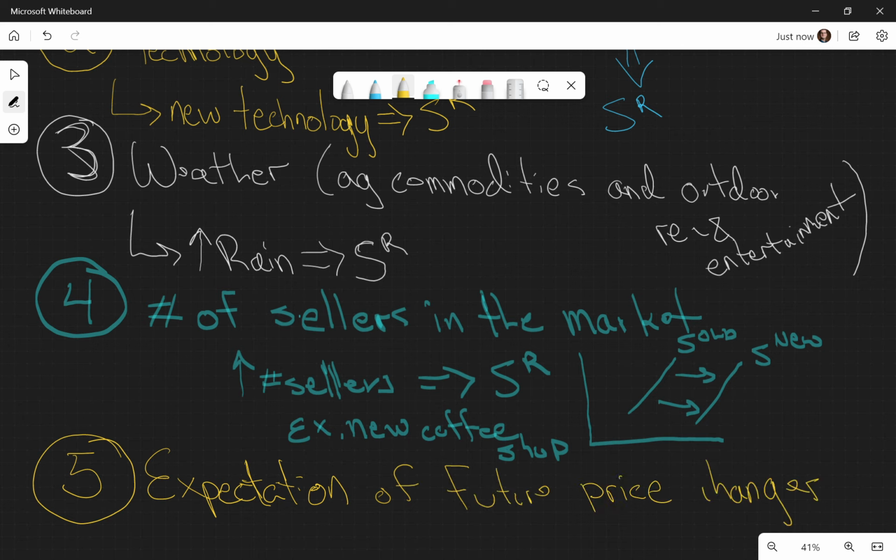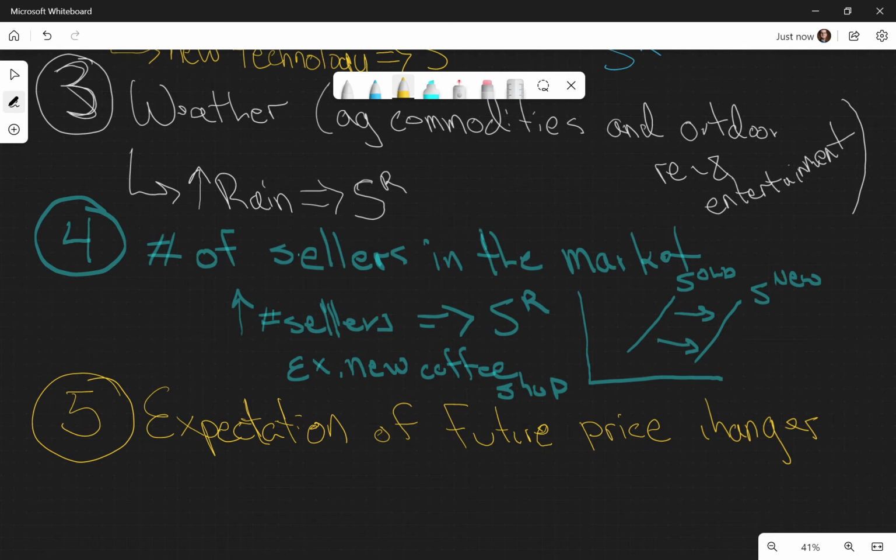But it's not actually that confusing if you put yourself in the shoes of somebody who is selling stuff, right? So put yourself in the shoes of the person who owns the co-op or something like that, right?